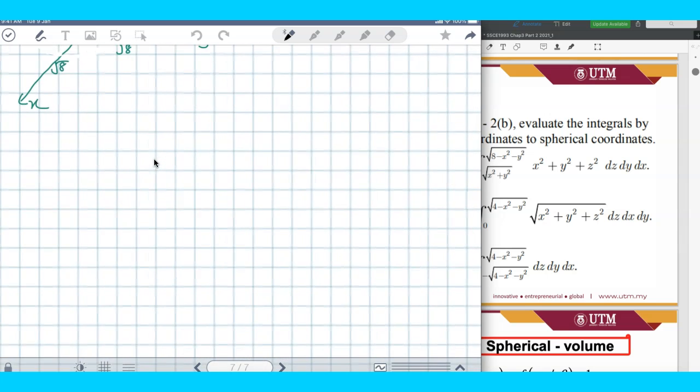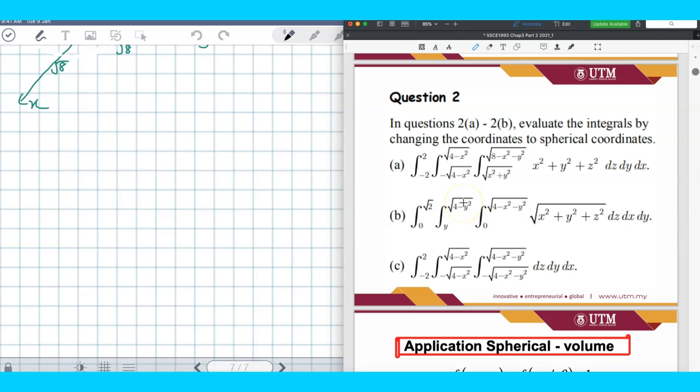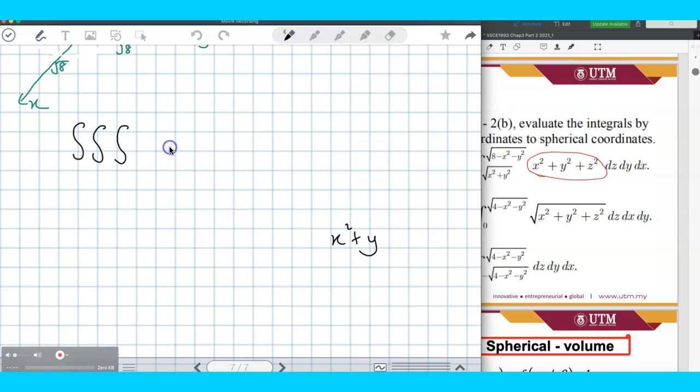So now based on the given integration, we have a triple integral. Your integrand here, you have to convert into the spherical function. So x squared plus y squared plus z squared is equal to rho squared.